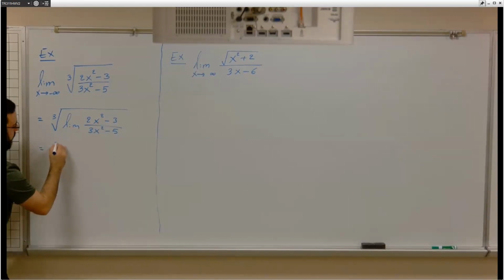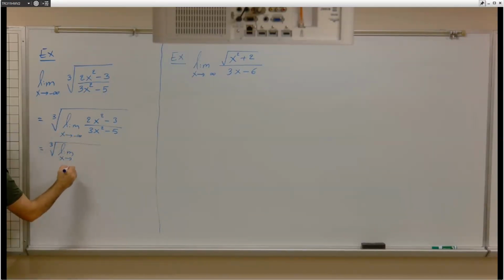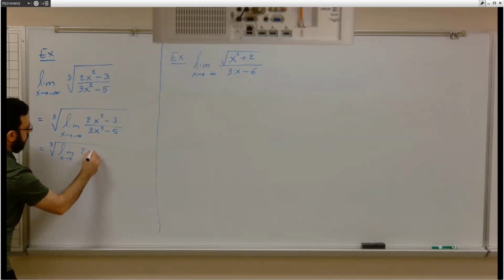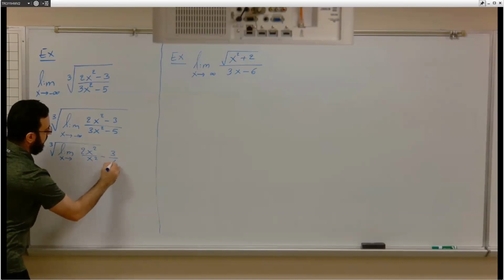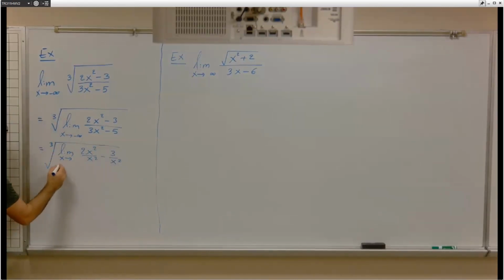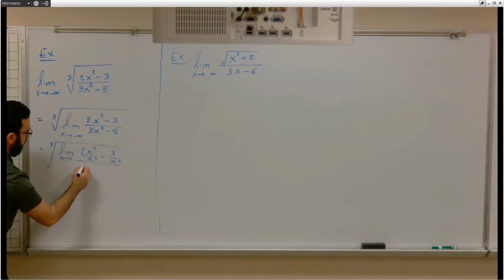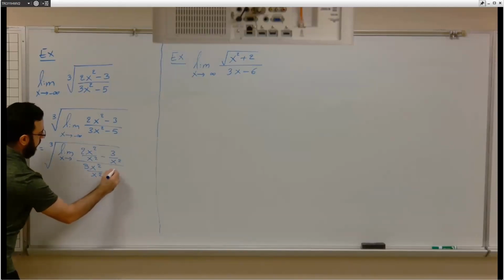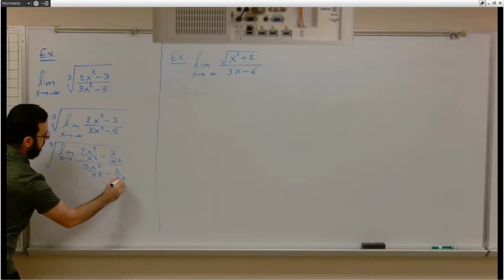So it's the cubic root of the limit as x approaches negative infinity of 2x squared over x squared minus 3 over x squared, all divided by 3x squared over x squared minus 5 over x squared.